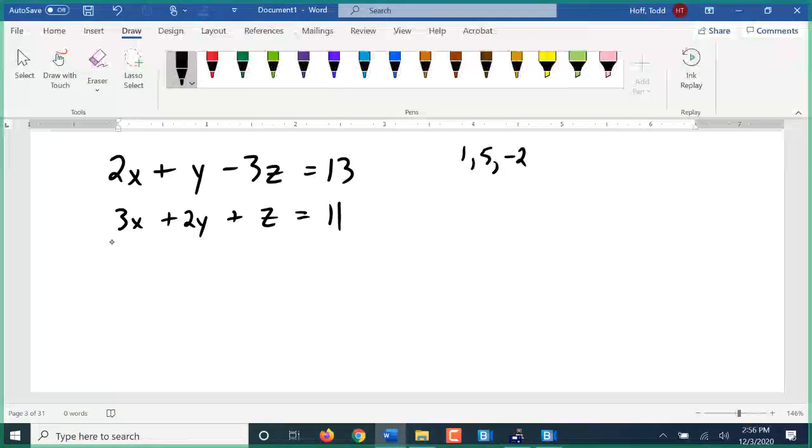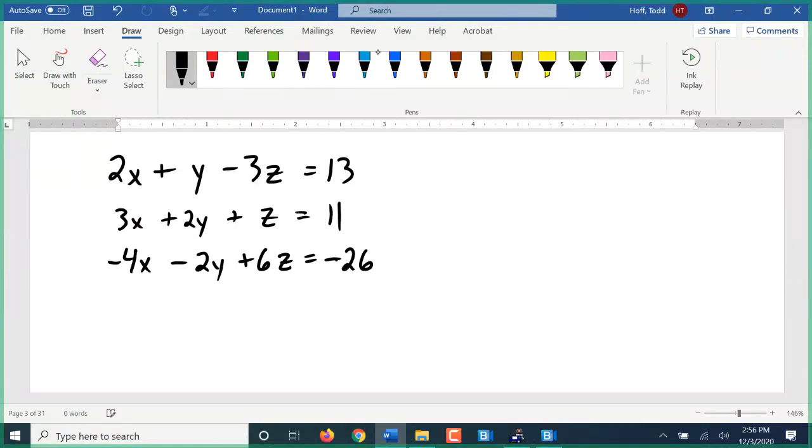And let's do negative 4x minus 2y plus 6z equals negative 26.